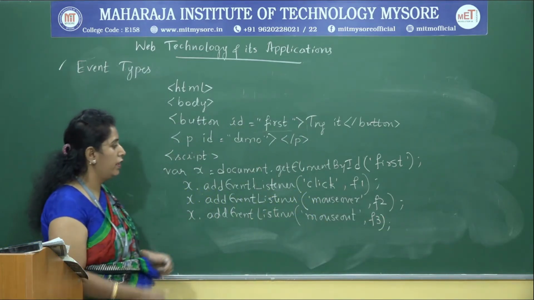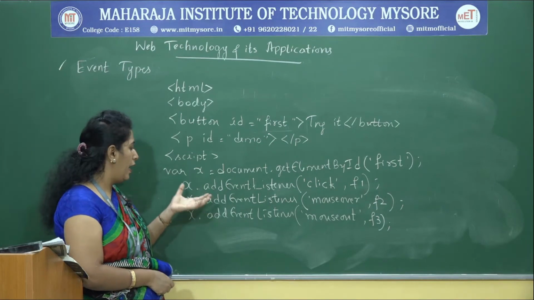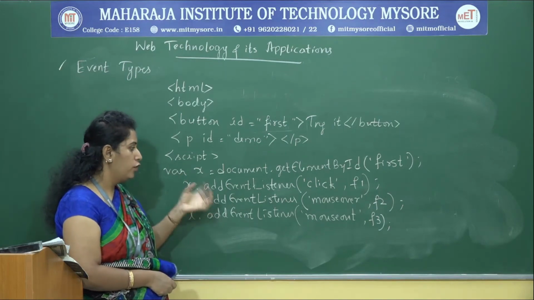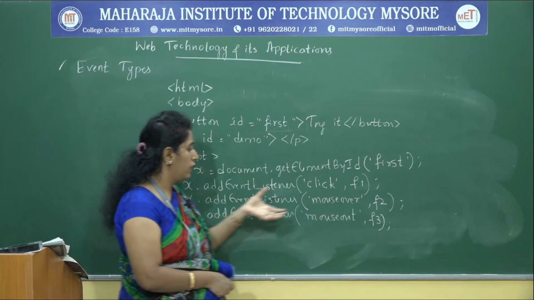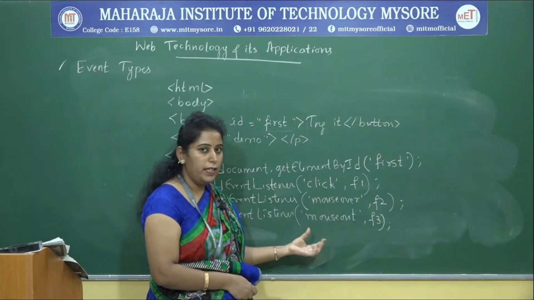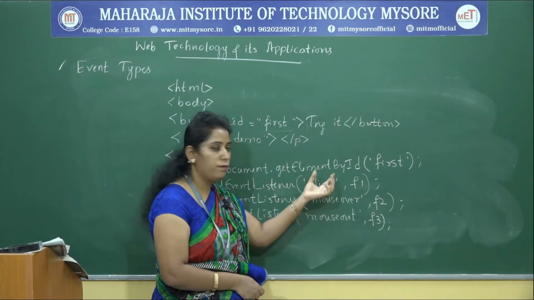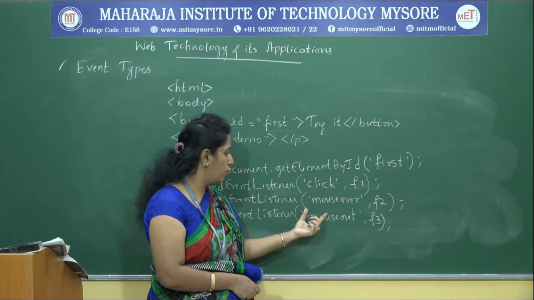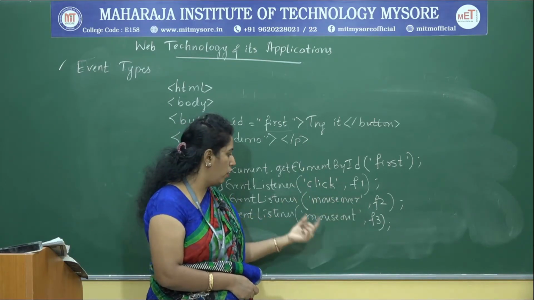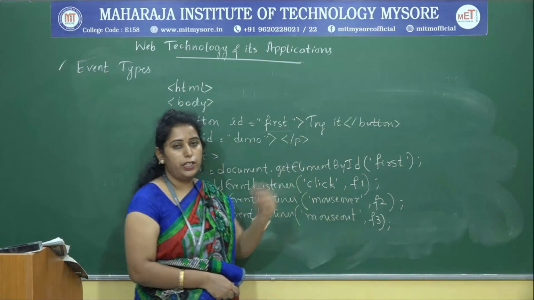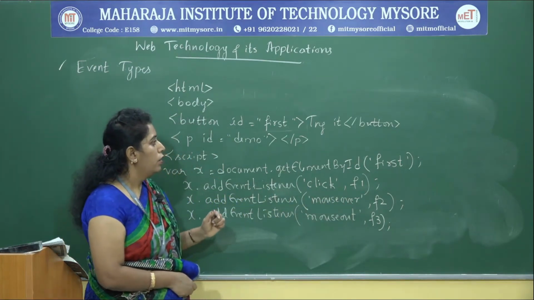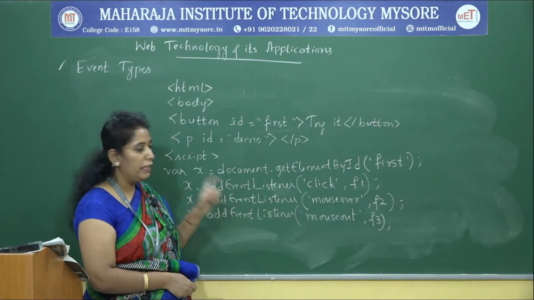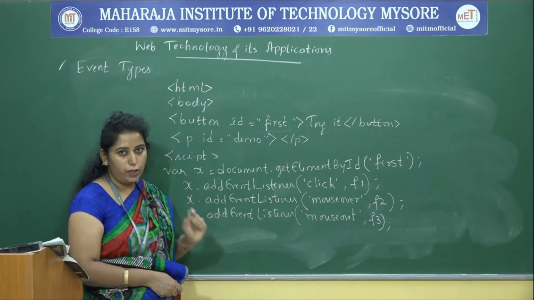So here in this example, I have used multiple handlers to work with different mouse events. If I perform a click operation, function 1 gets called, mouse over means function 2 gets called, mouse out means function 3 gets called. Now I have to write a definition for each of the functions.